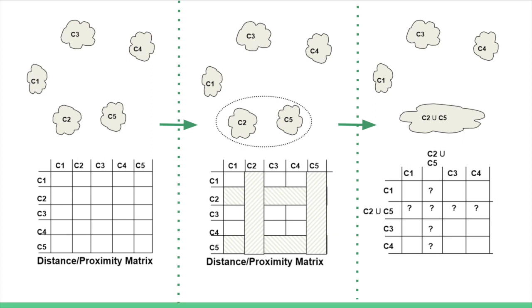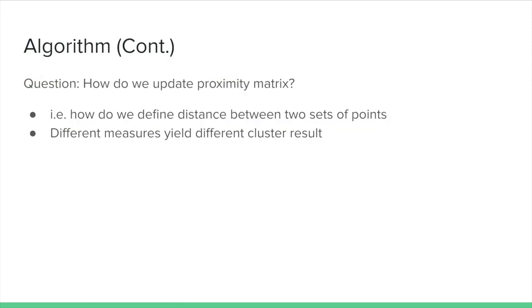So now there are only 4 clusters left. We do this step over and over again until only 1 cluster remains. This brings up the question: how do we update our proximity matrix? How do we define the distance between 2 sets of points? In the next few slides, we'll see how different measures will yield different clustering results.